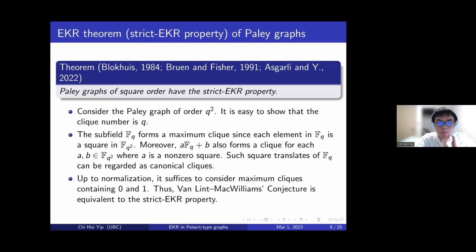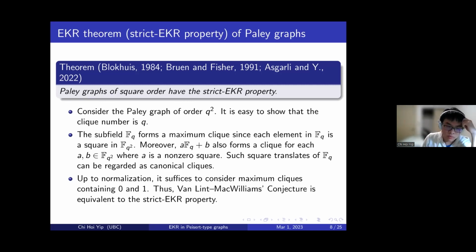Before talking about the EKR theorem for Paley graphs, we have to define what canonical cliques are. First, we know that in the Paley graph of order q^2, the clique number is q. There are many ways to see this. You can use, for example, the pigeonhole principle, or tools from algebraic graph theory.